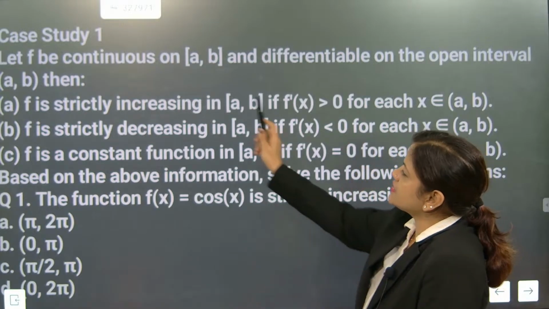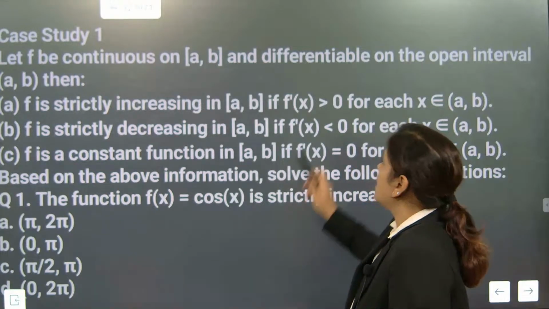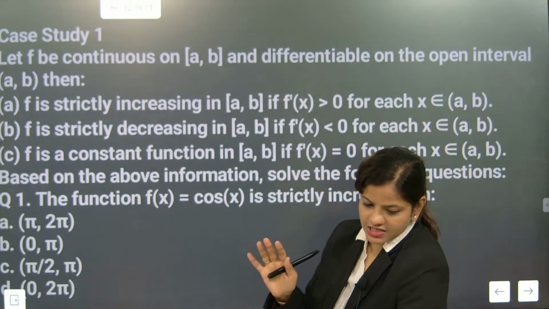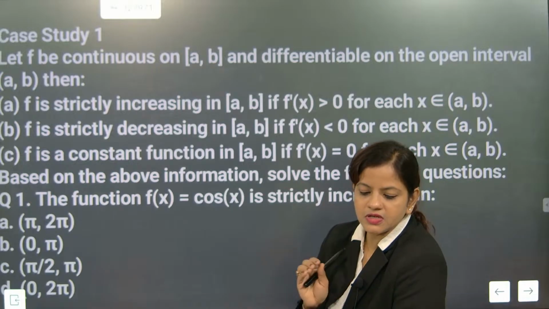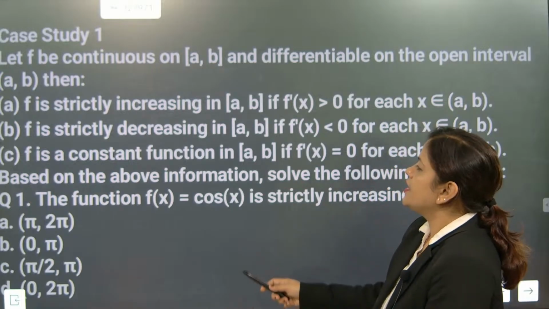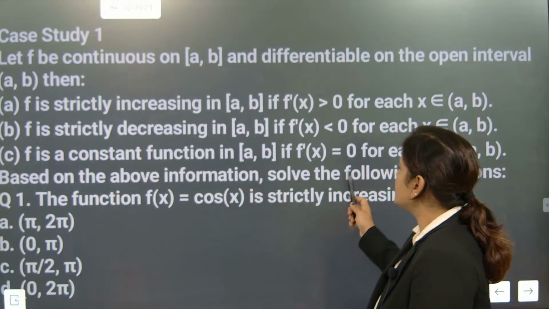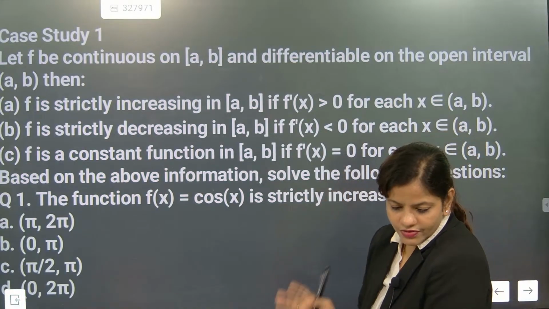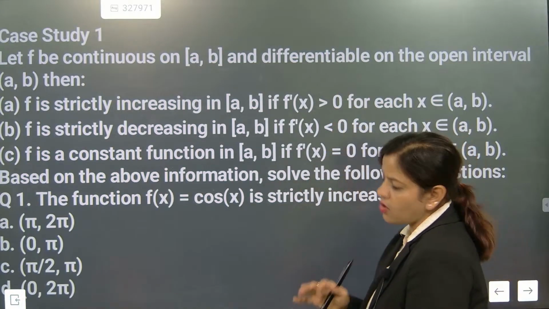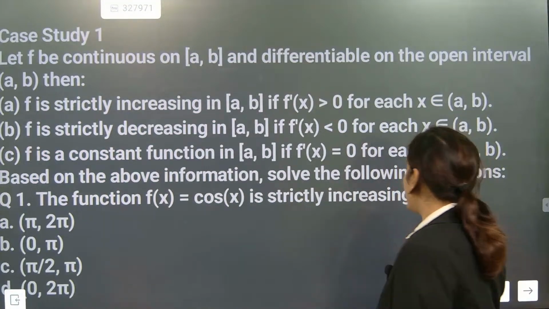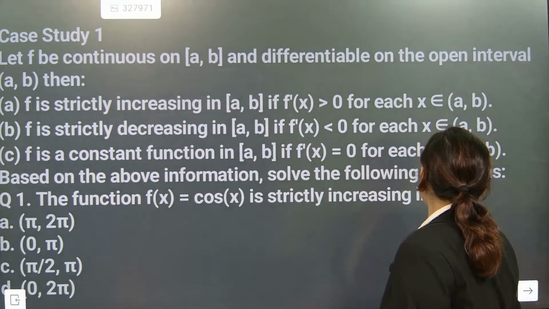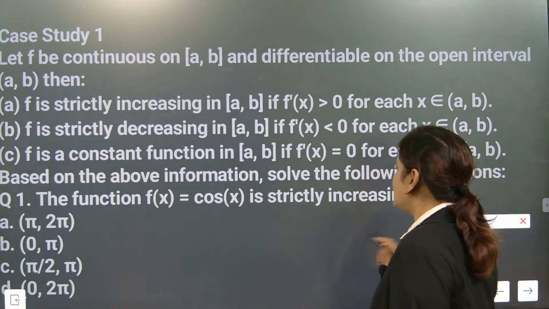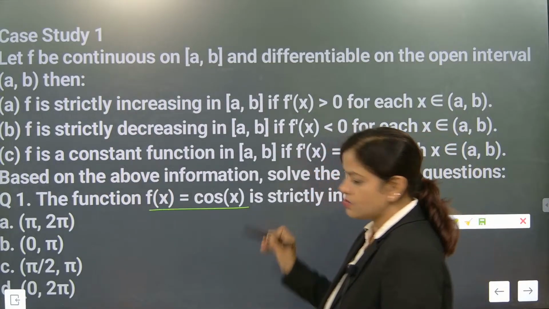Now the second part: f of x is strictly increasing when f dash x is greater than 0, strictly decreasing when it is less than 0. This is the second piece of information according to the definition. Now f is a constant function if f dash x is equal to 0. What they are asking is, f of x is equal to cos x.